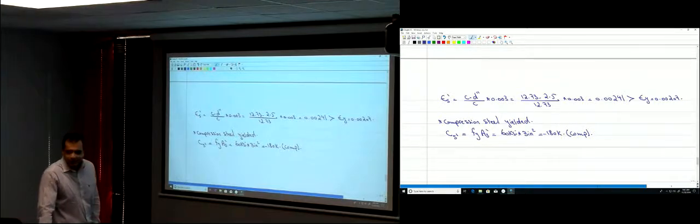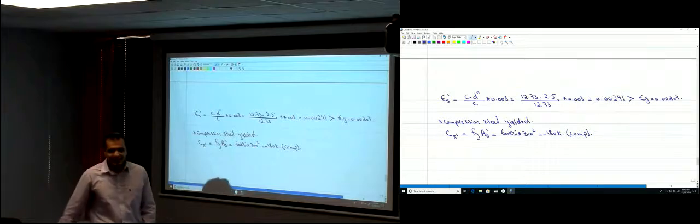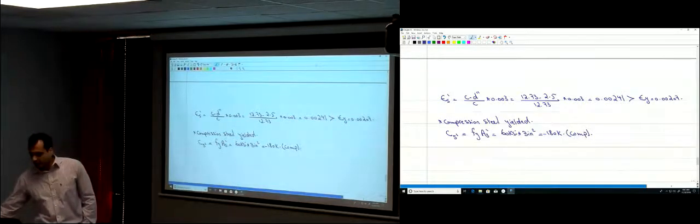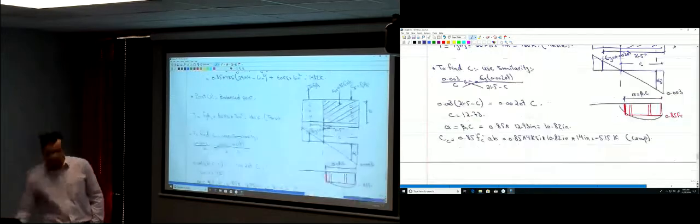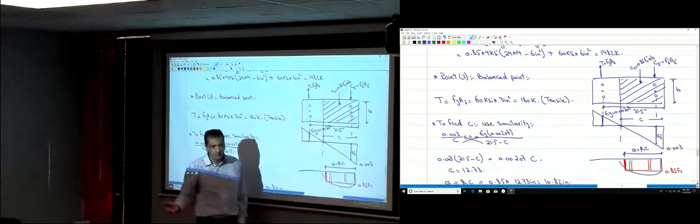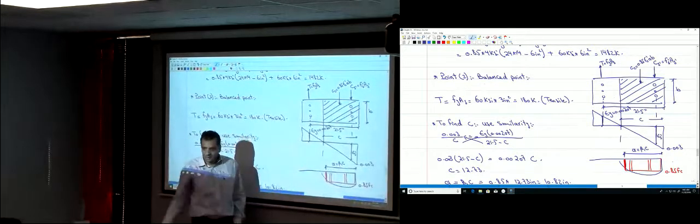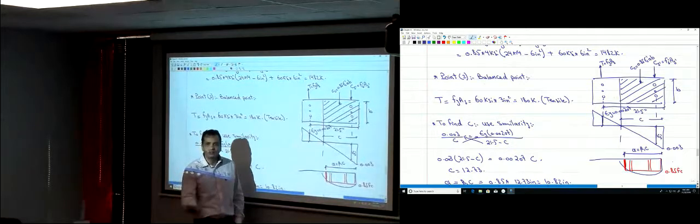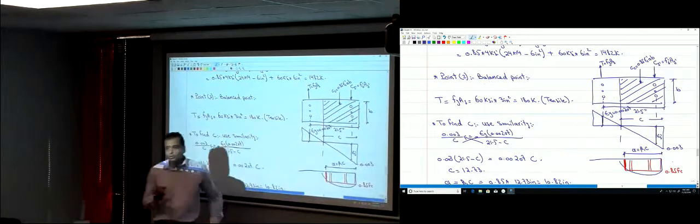Now, is there anything wrong that we did? I'm just repeating myself, I said this a few minutes ago. Yes, over here, this area, I counted this area twice, with the concrete and with the steel. Is it concrete or steel? It's steel, so I have to subtract it from the concrete. So how would I subtract it?